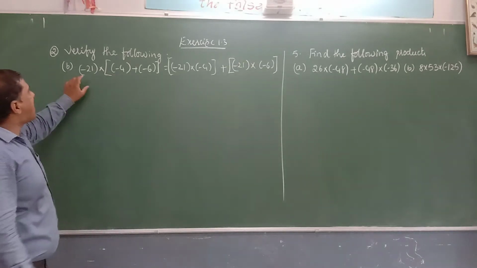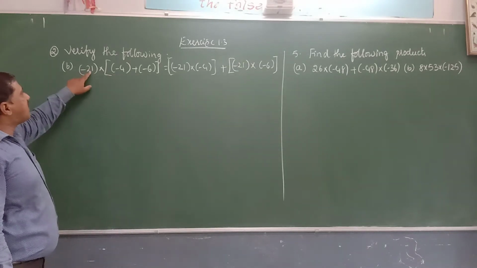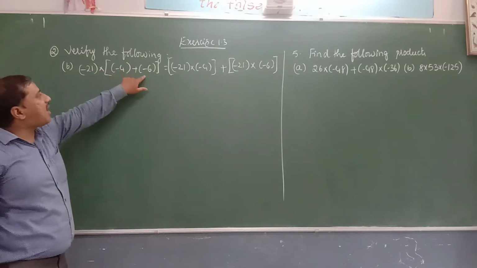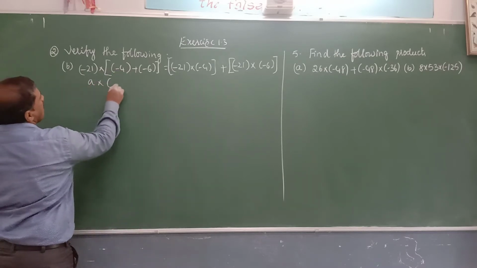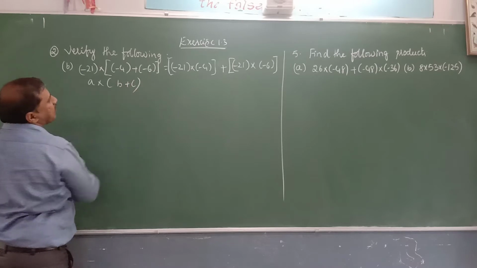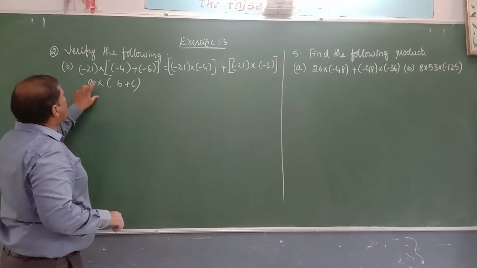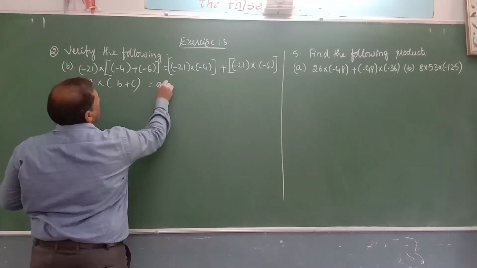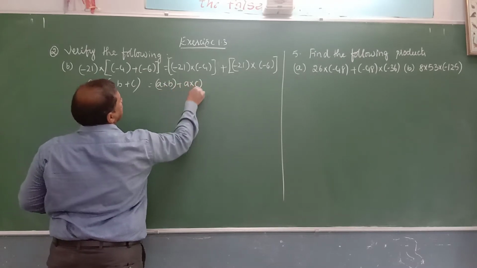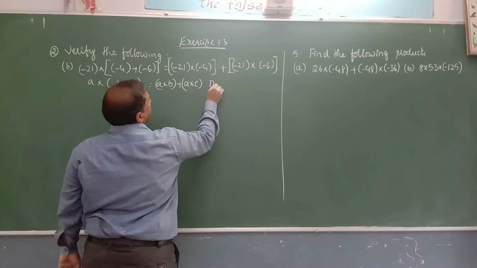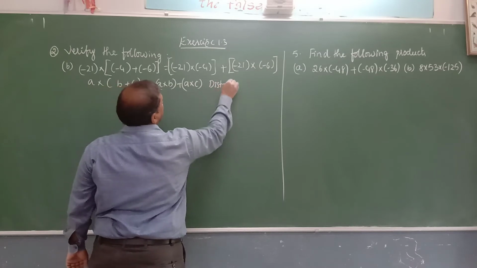On the left hand side, minus 21 is multiplied by the sum of two numbers, so it is in the form a into b plus c. What do we call this property? a into b plus c is equal to a into b plus a into c. This is known as the distributive property.